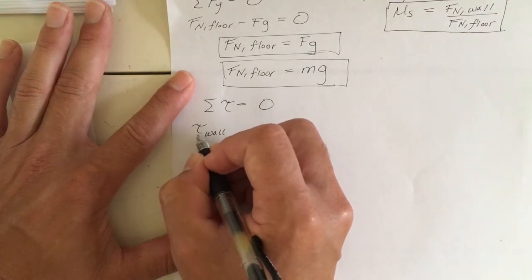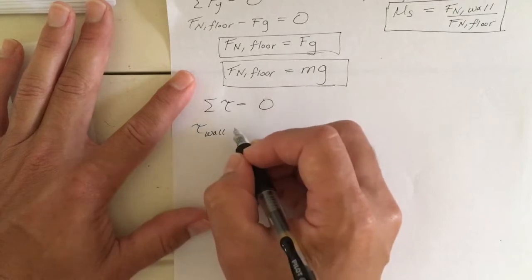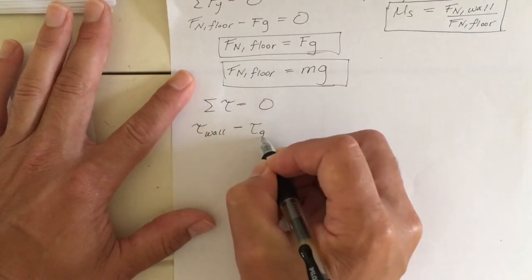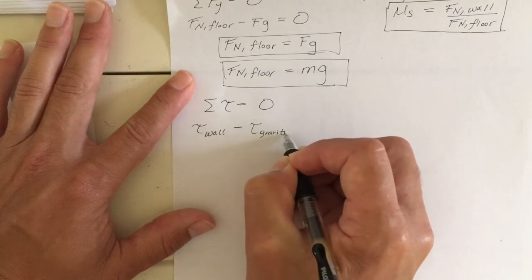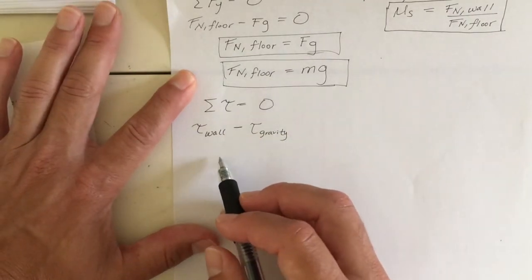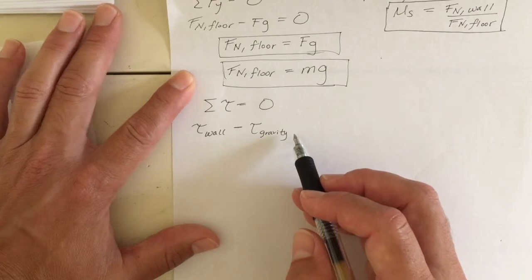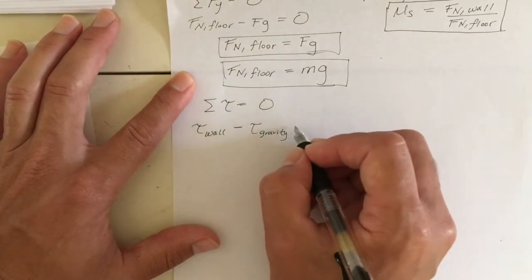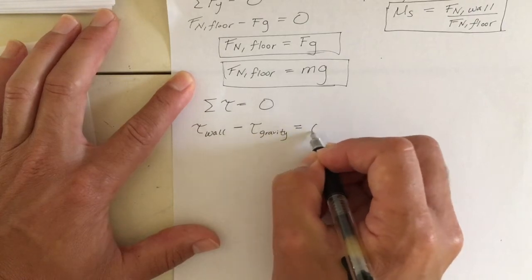I forgot. Yeah, that's what we called that. You get the idea. Torque wall minus torque due to gravity. And once again, if there was a person on the ladder, we would have an additional torque from the person's weight as well due to gravity. All right, is equal to 0.